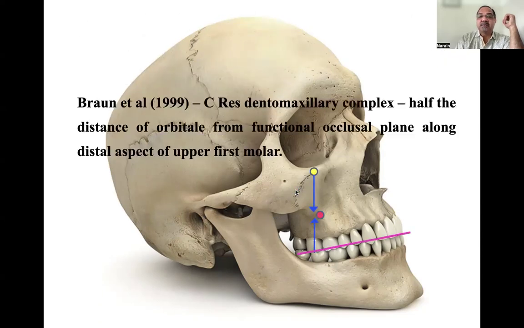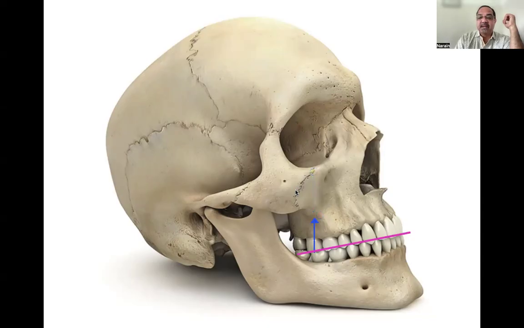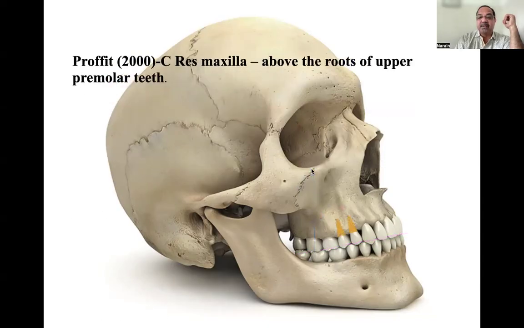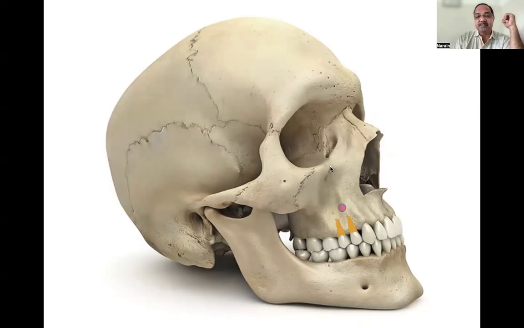According to Braun, the center of resistance is at a point between the orbit and the molars. According to Prof, the center of resistance of the maxilla is between the two premolar roots, just above the two premolar roots.